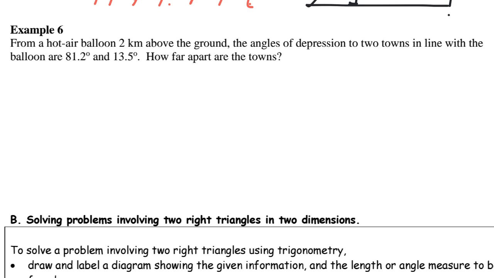All right. From a hot air balloon 2 kilometers above the ground, the angles of depression to 2 towns in line with the balloon are 81.2 degrees and 13.5 degrees. All right, so let's make some ground here. And we've got a 2-kilometer height.